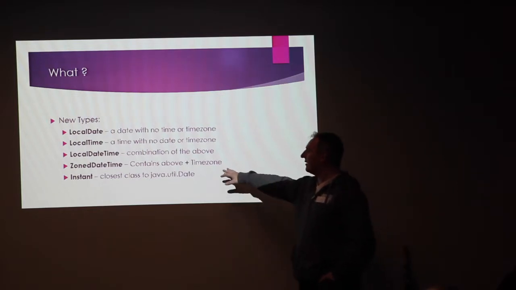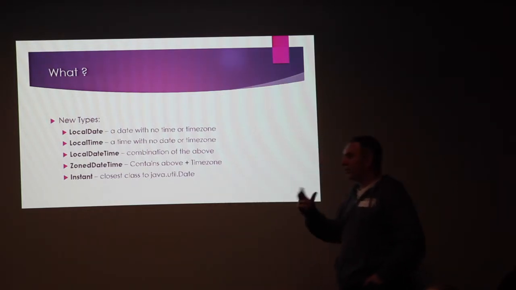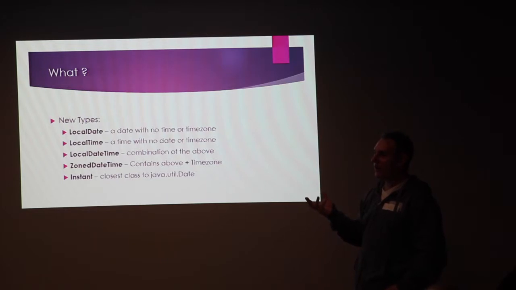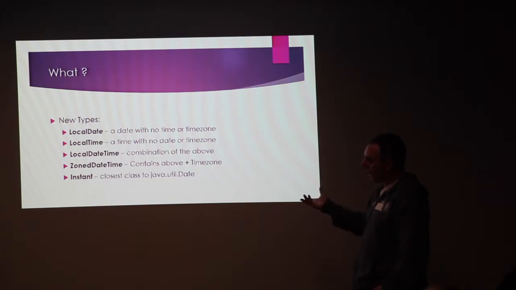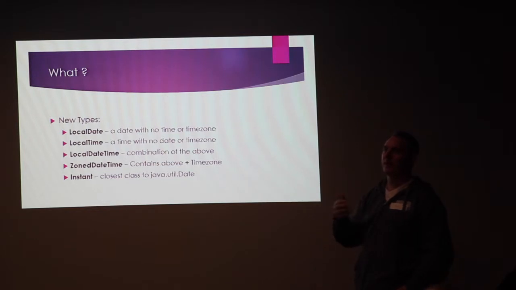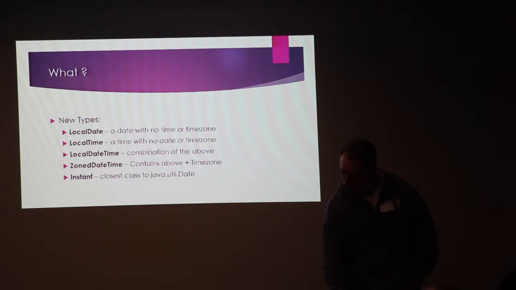And we've got an Instant, which is sort of like a java.util.Date, but it actually goes all the way down to nanoseconds, and an Instant is principally designed to be used for things like logging where you actually want a timestamp of an event or something that occurred.